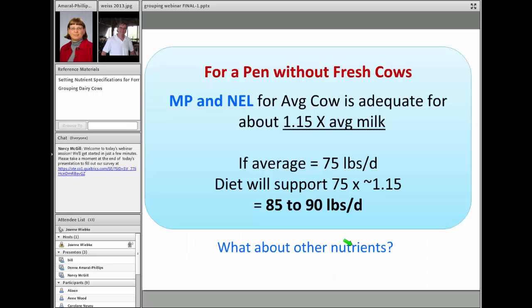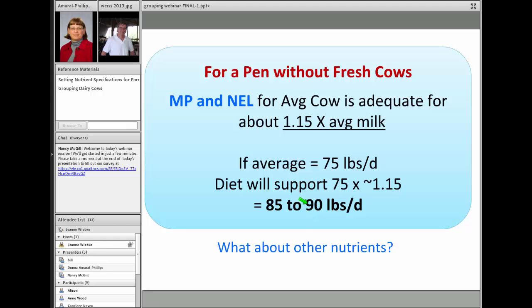So just as a general rule, if your pen is approximately a normal distribution of milk yields, you should be able to support about 15% above the mean. In the previous example, the average pen production was 75 pounds, so I should be able to get 85 to 90 pounds of milk out of that diet.